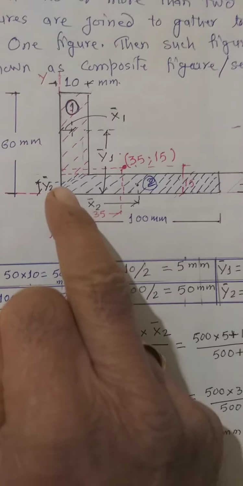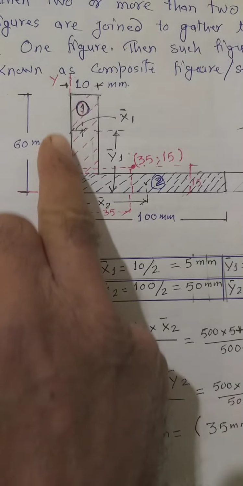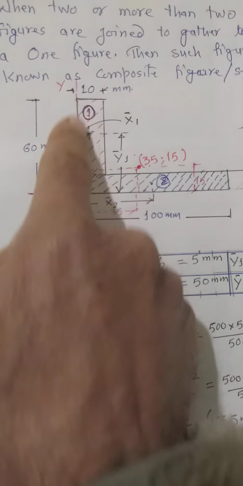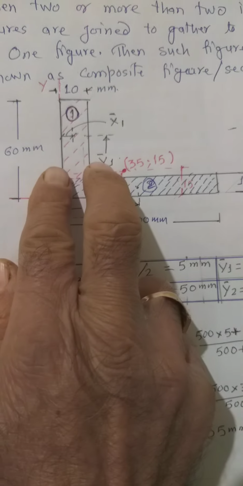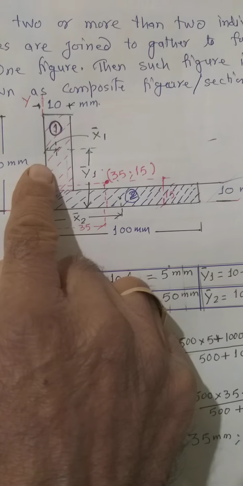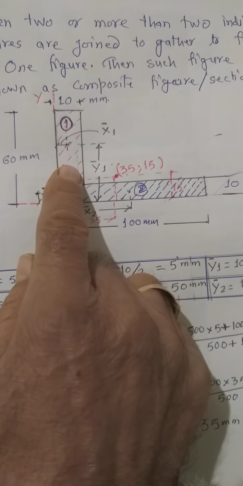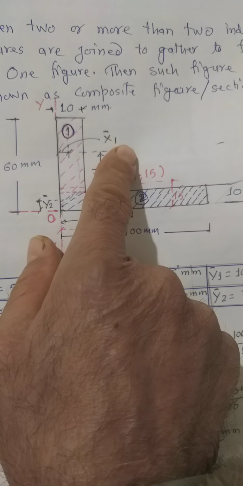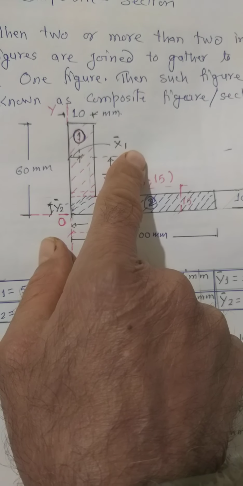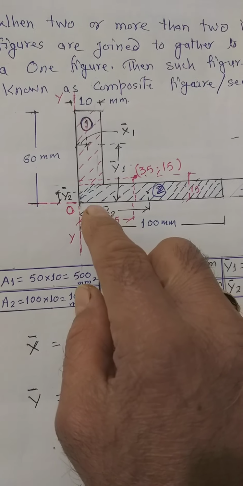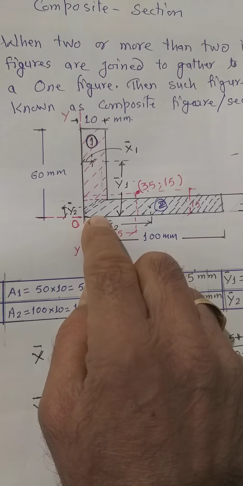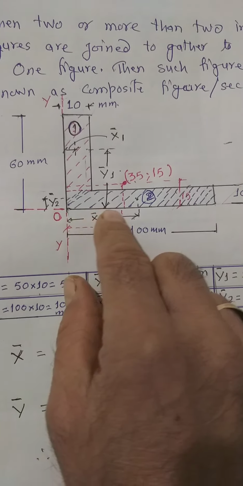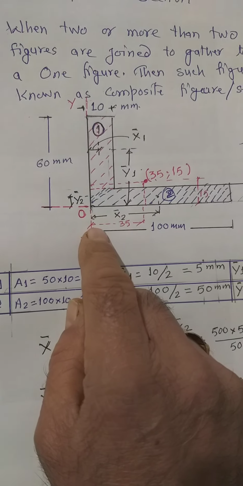Now we have to find out the x bar 1, that is the center of gravity of this figure from this y-axis. The total distance is 10 mm, so the CG of this lies at a distance of 10 by 2, that is 5 mm from here. We can call this x bar 1. When we are talking about the y bar 1, we have to see it from here. Always try to calculate the x bar and y bar from the x-axis and y-axis respectively.